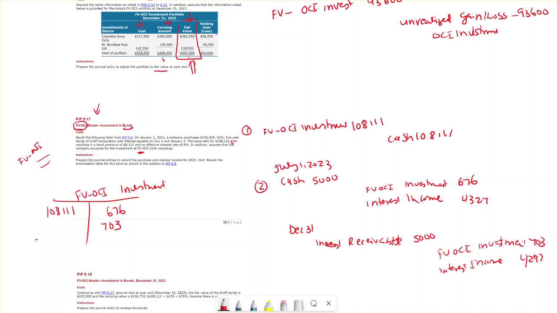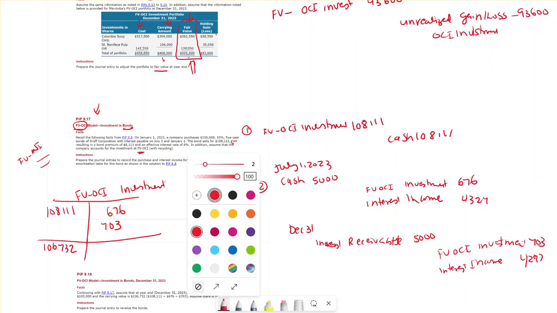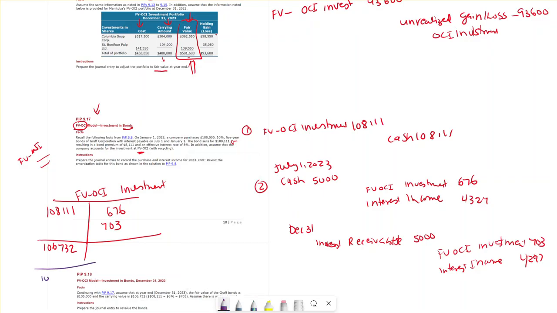And now the value comes out to be 106,732. The value we need at the end of December 31st is 105.